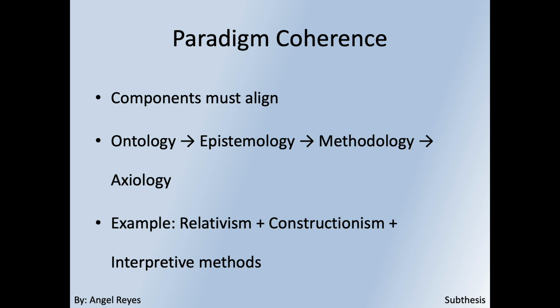Knowledge is created through interpretation, which leads to interpretive methodologies, seeking to understand meanings, and typically a value-conscious or value-centered axiology. Inconsistencies between these components can undermine the coherence and credibility of your research approach.